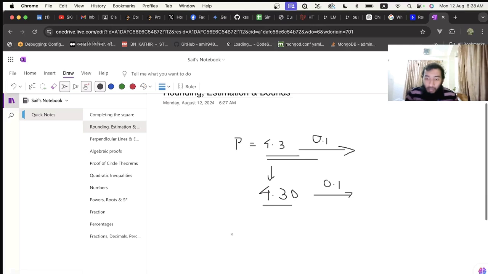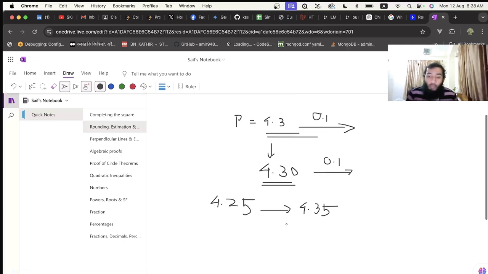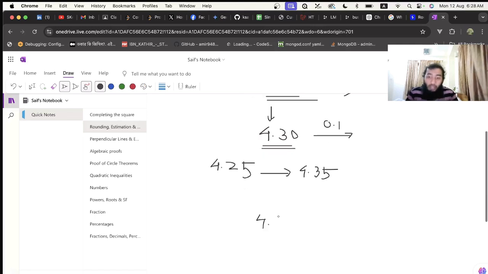Any number between 4.25 to 4.35 can be rounded to 4.30. For example, 4.28 is near to 4.30.